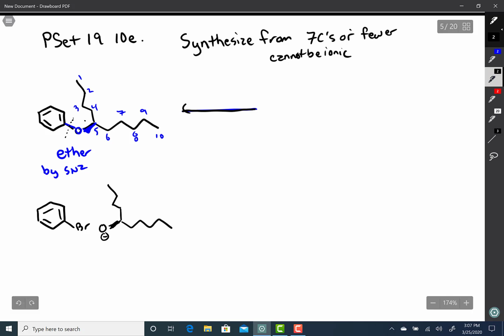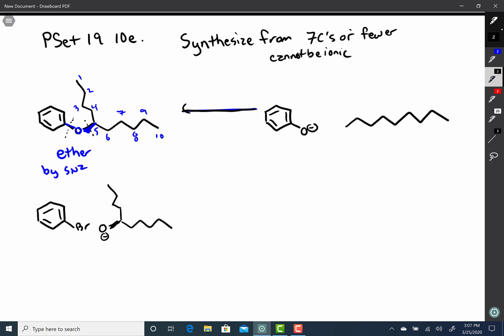Or you can split it on the other side, in which case, this is your possibility.